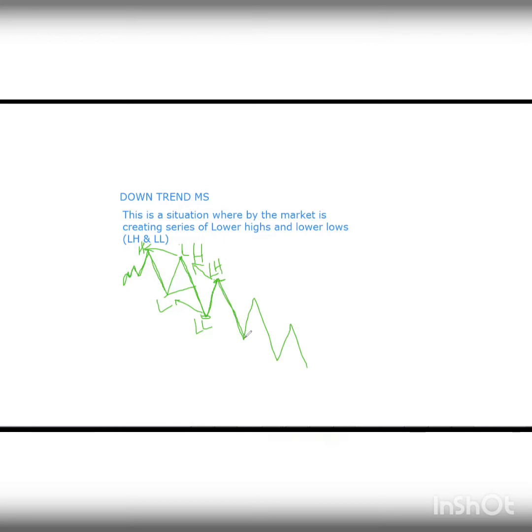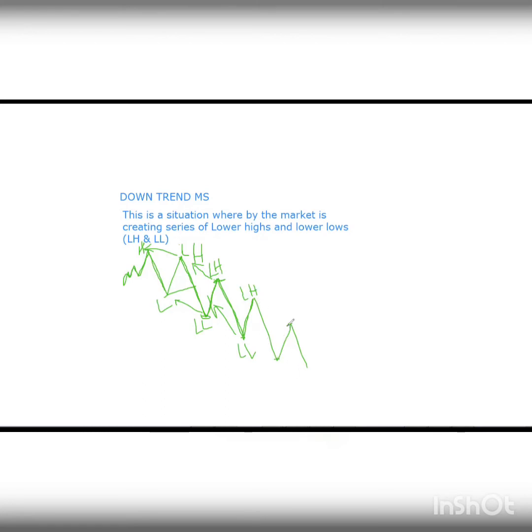Then it came down and gave us a low, and the low was lower than the previous low. So we have a lower low. Then it retraced back again and gave us a high, but this time the high is lower than the previous high. I hope we are getting it. So we have a lower high, and it comes down, the same thing.